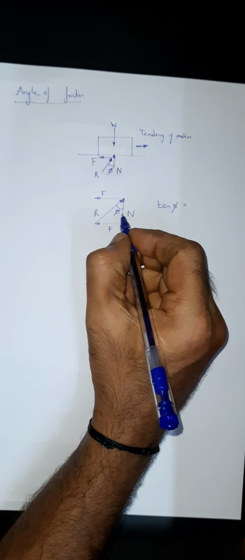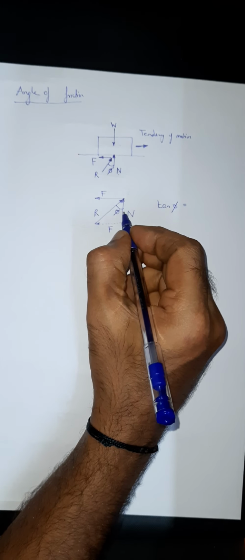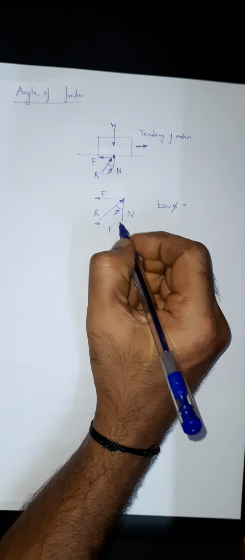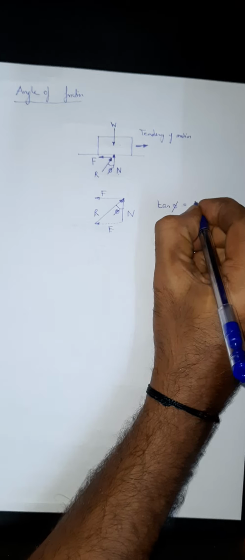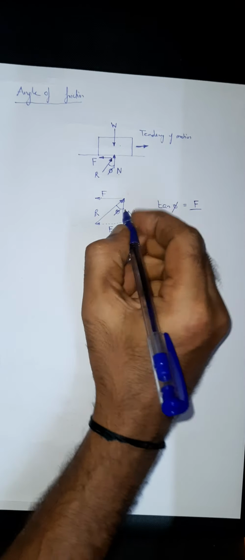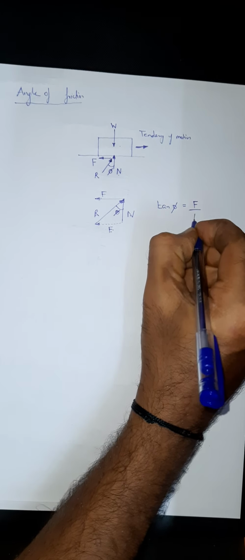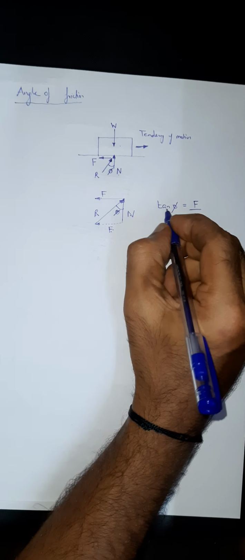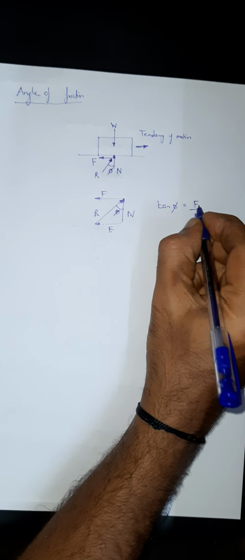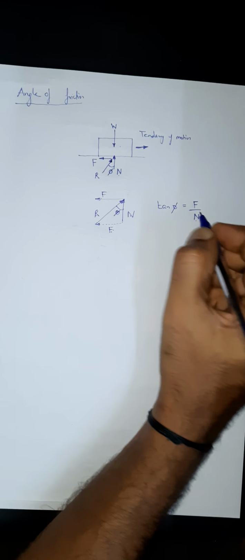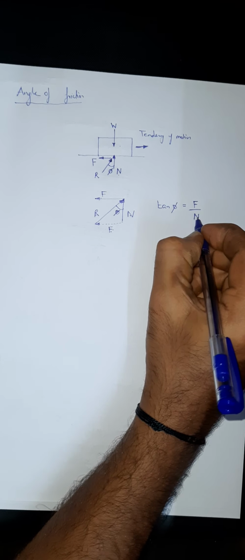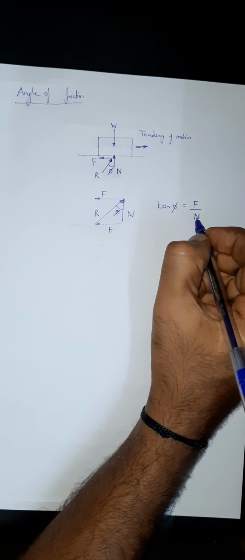Tan is nothing but the opposite side by the adjacent side, right? Opposite side of this angle is F, and the adjacent side is N. So tan phi equals F by N. F by N you have learned just a few minutes before.